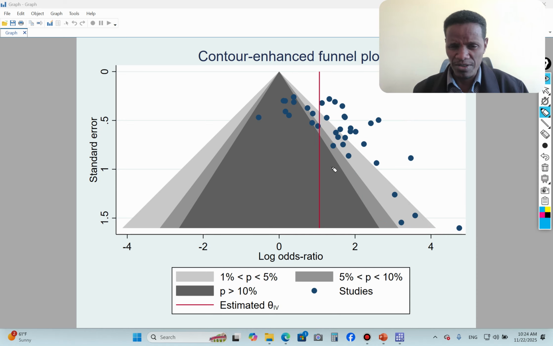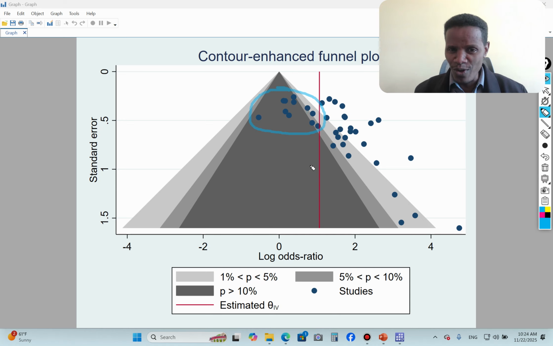Even so, there is no study in the dark region over here, on the right side even. Studies with small sample size and statistically non-significant results were rejected, even on the right side. On the left side, studies with a larger sample size, even though they have a statistically non-significant result, had been published because they have a larger sample size.